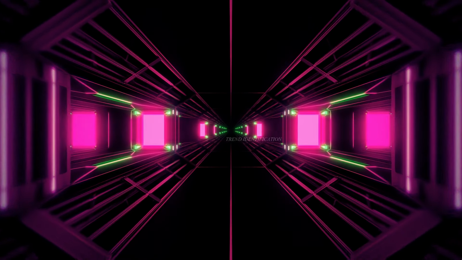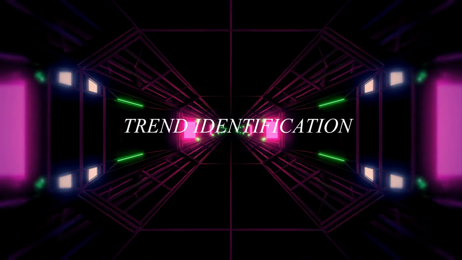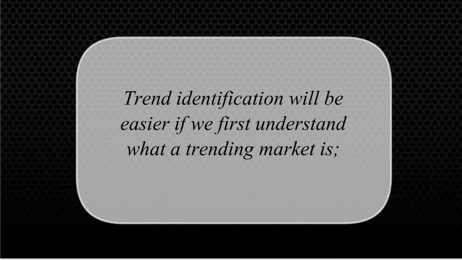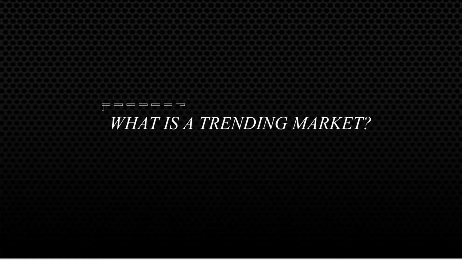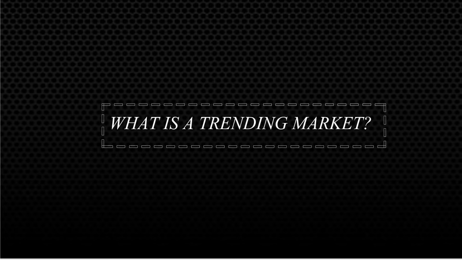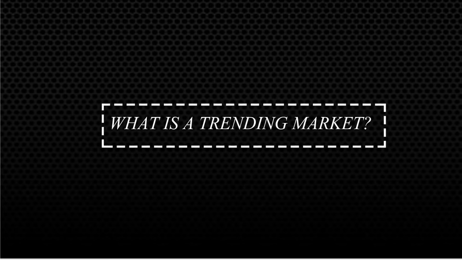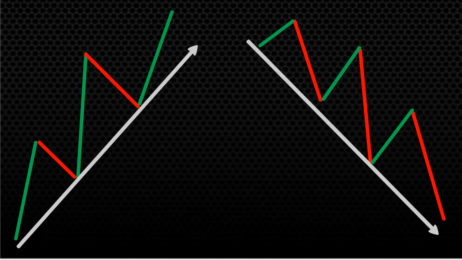Alright, trend identification. Trend identification will be easier if we first understand what a trending market is. So, what does it mean when traders say that the market is trending? Simply put, a trending market is when the market price movement has a defined direction to the upward or to the downward side.